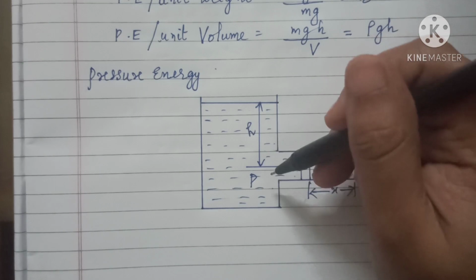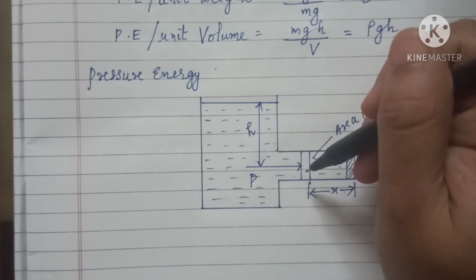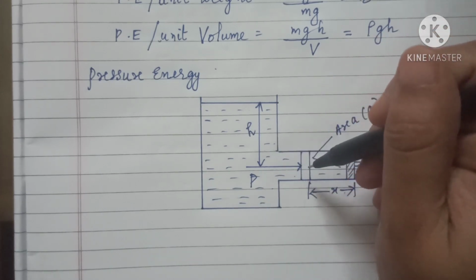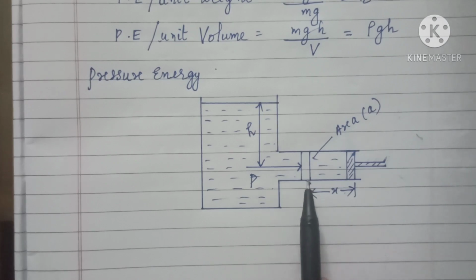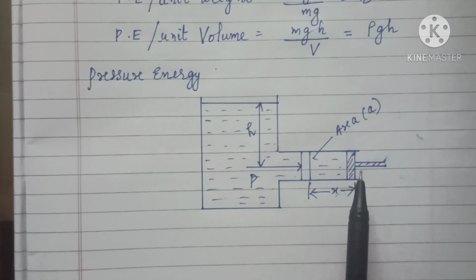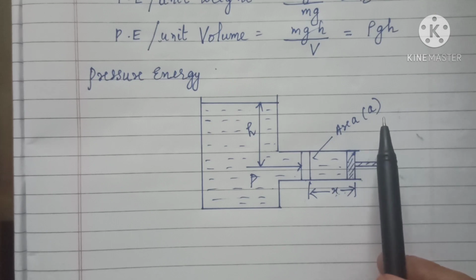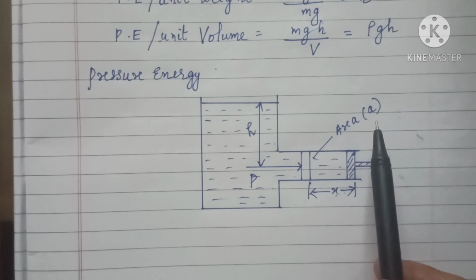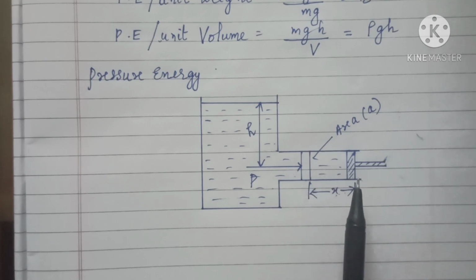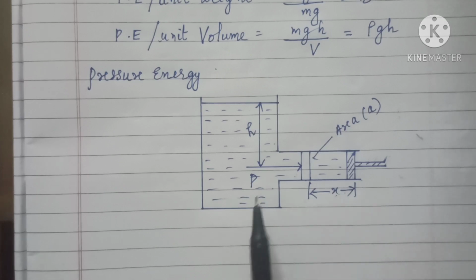When it is filled with liquid, surely it will exert pressure, isn't it? So this pressure pushed this piston to a distance x. So now the piston is at this position. There is a displacement x happened here. Area of the piston is taken as A. So the piston moves through distance x under the pressure P.